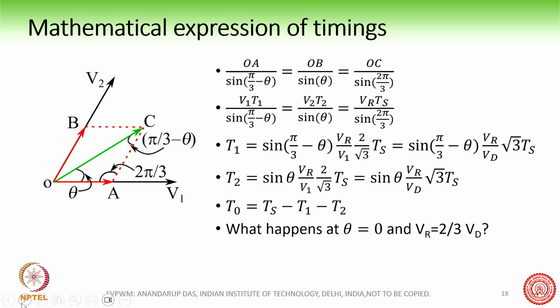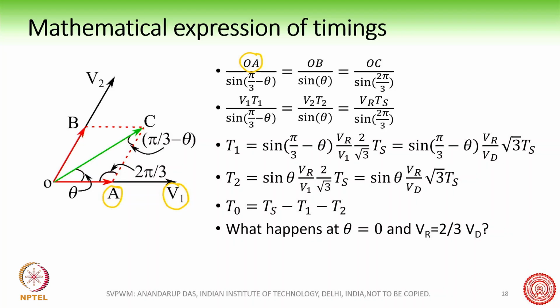So suppose here you can see this is OA. So what is OA? OA is the quantity which is produced when you switch V1 for T1 duration of time. V1 is used for T1 duration and the resultant volt-second is given by OA.